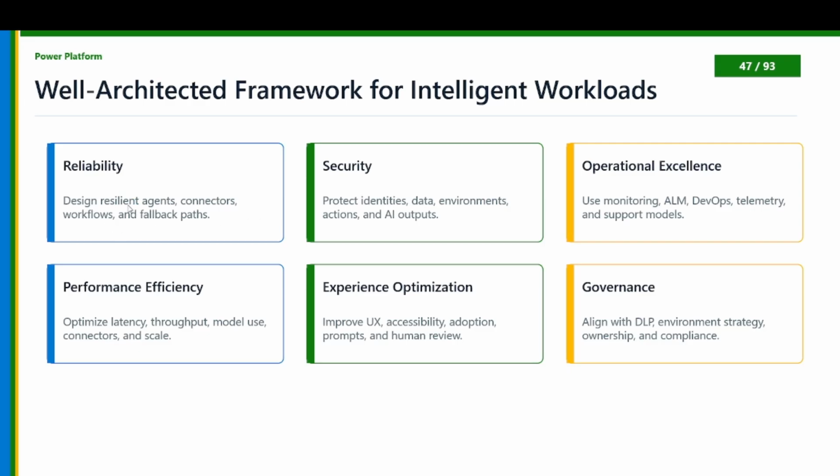The first is reliability. You should design resilient agents, connectors, workflows, and fallback paths. Make sure your agents are resilient. Make sure your connectors are resilient. Workflows and fallback paths are also resilient and reliable. This is site reliability engineering.